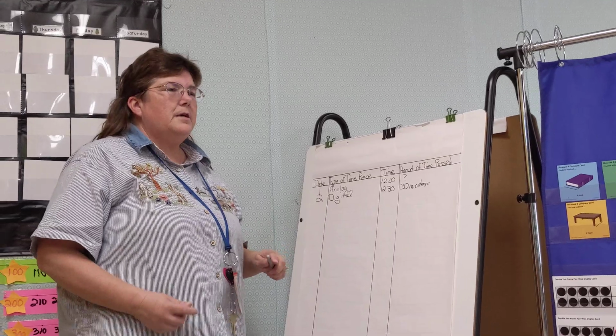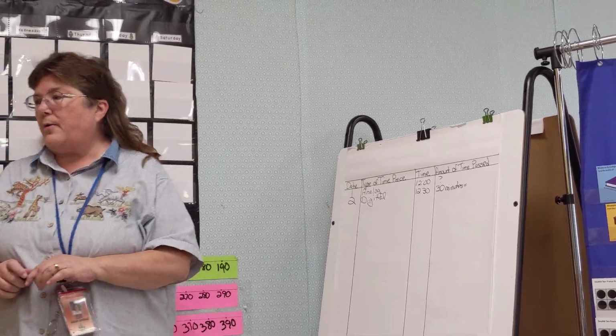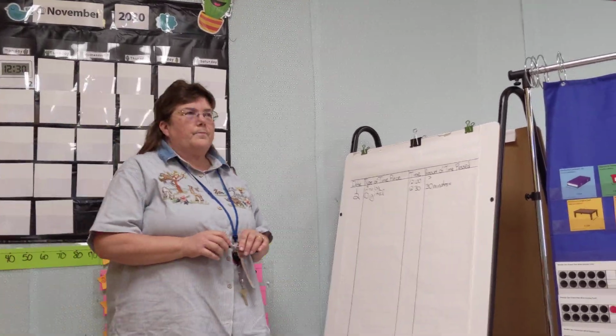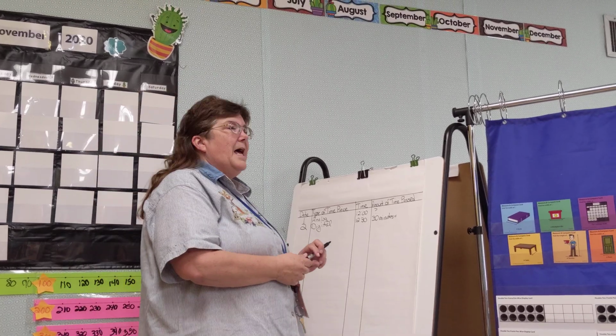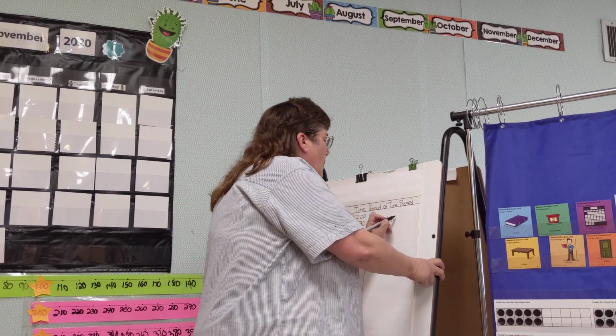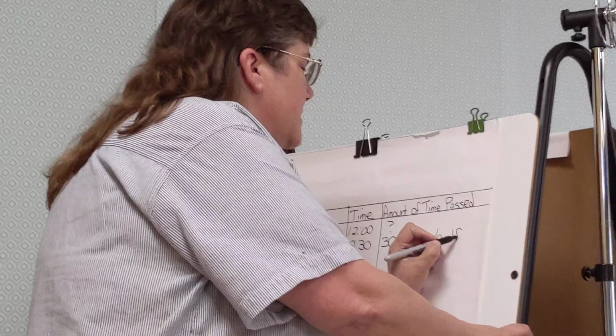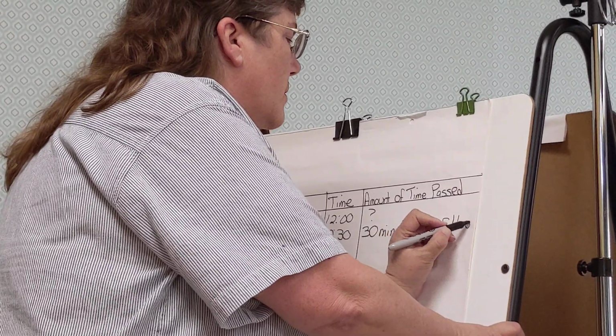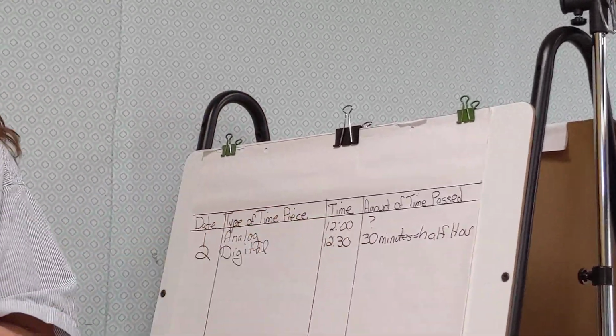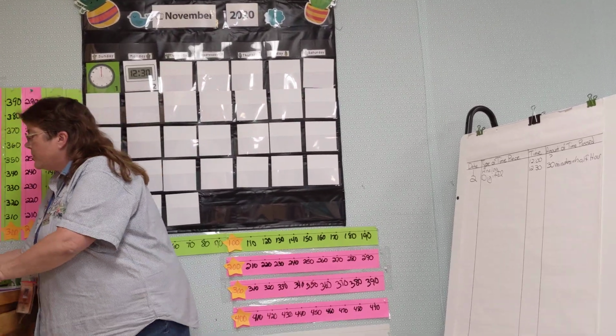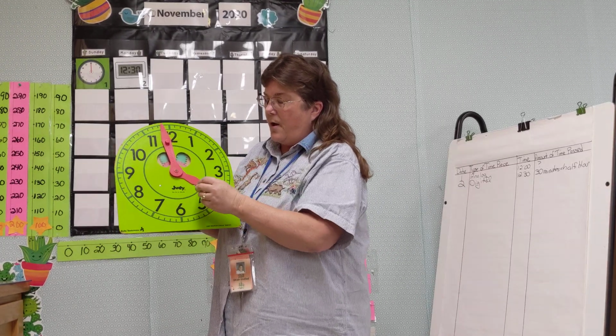Do you guys know how else we talk about 30 minutes? There's another word for it that we use. Oh, good, I heard a bunch of you say half hour. Why do we say 30 minutes is a half hour? Let me grab our little clock back over here. So we learned for the last couple months that there's 60 minutes in an hour.